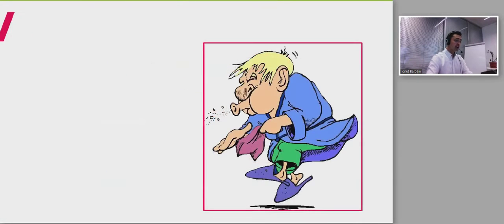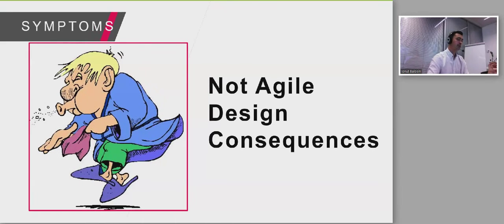Having all of this in mind, let's see what the consequences of a non-agile design are for other stakeholders involved in the project, because for us technical people it might be easier to understand, but for others, what would be the symptoms?